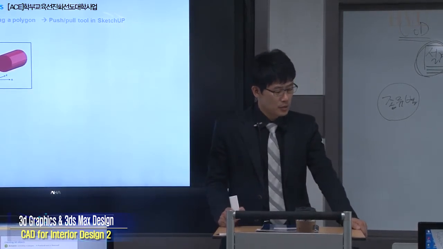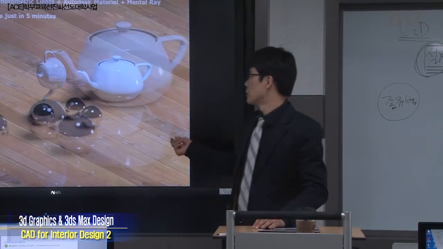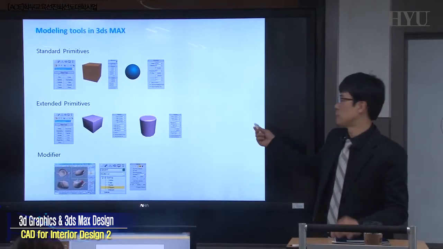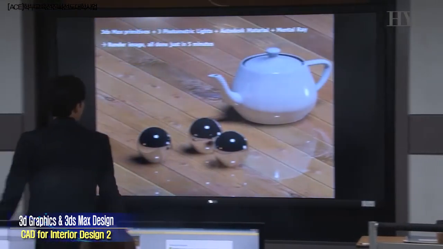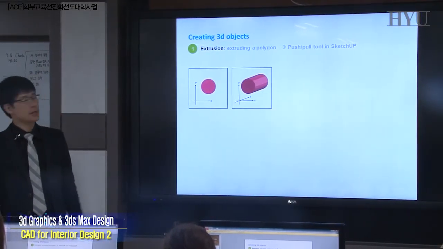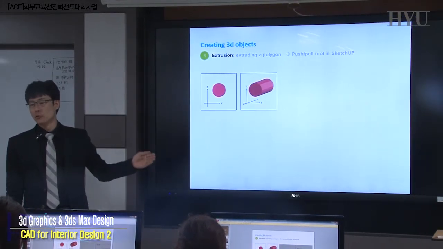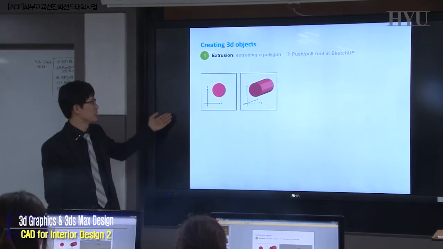Creating 3D objects. We saw what primitives are. Primitives are defined in 3D Max. You can create a plane, box, teapot, and so on. What others? How to make 3D objects? The first thing, a very conventional and well-known way, is extrusion. You know extrude in AutoCAD.